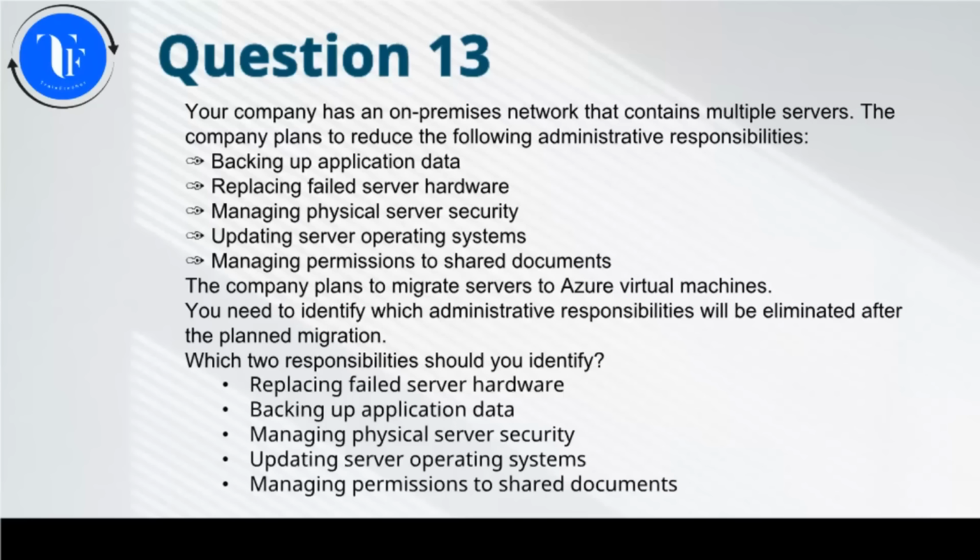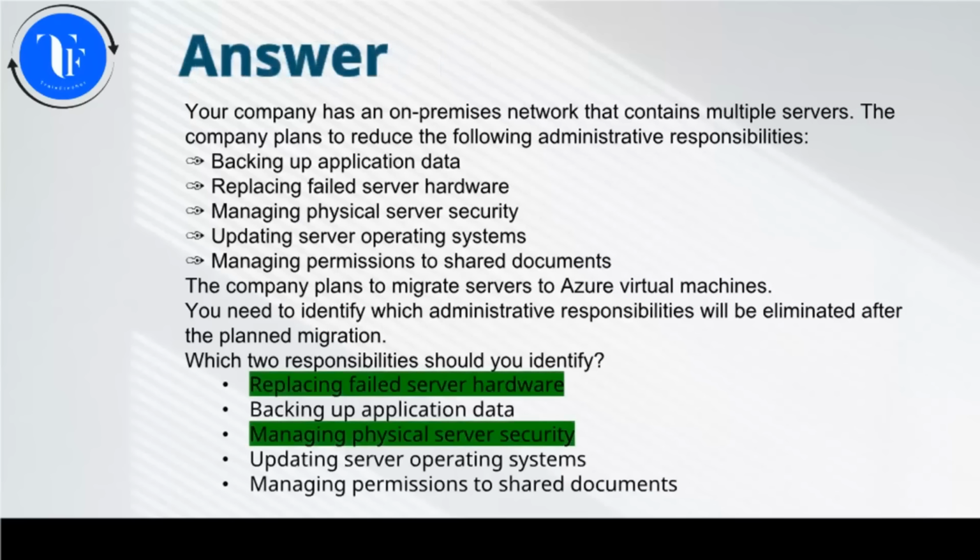You need to identify which administrative responsibilities will be eliminated after the planned migration. Which two responsibilities should you identify? Replacing failed server hardware and managing physical server security are the right answer, as the cloud provider is responsible for these two things.